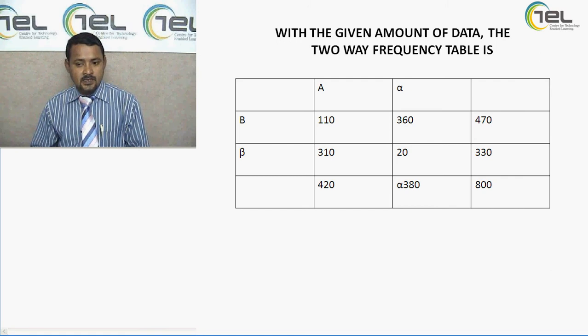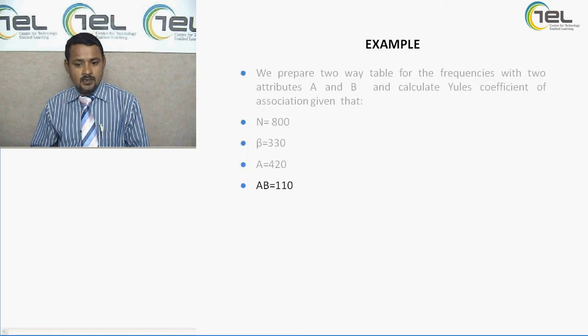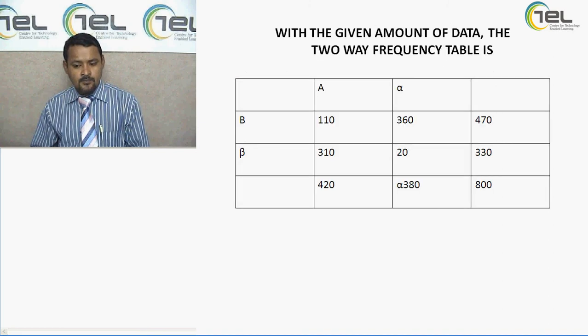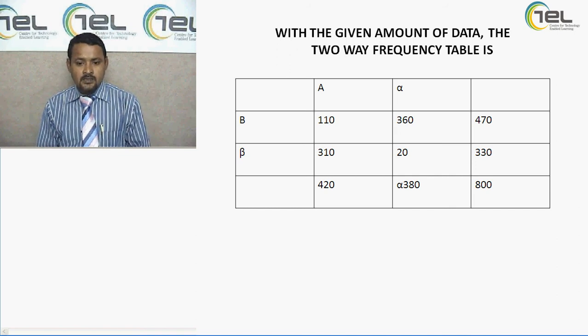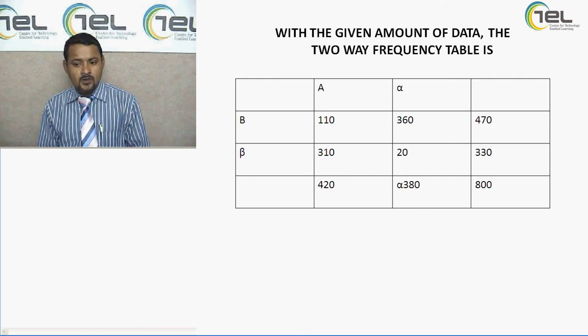So out of 800, if you discount beta, then the first column total will be 800 minus 330, that is 470. If AB is 110, then alpha B is 470 minus 110, that is 360. Then out of 420, if you subtract 110, you will get A beta is 310. So A beta is 310 and alpha beta is complementing, it's 20.